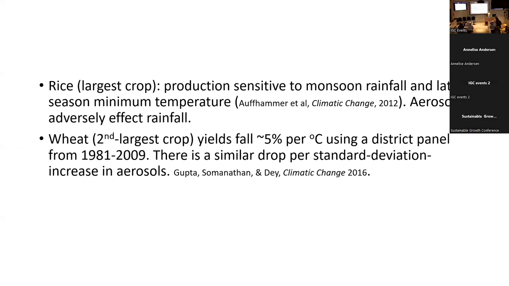Using a panel again, yields fall by about 5 percentage points per degree Celsius, and there's also a negative effect of aerosols on wheat yields, although the mechanism is different from that for rice. For rice, the mechanism is mediated through rainfall. For wheat, it's basically because you get less direct solar radiation in the day.